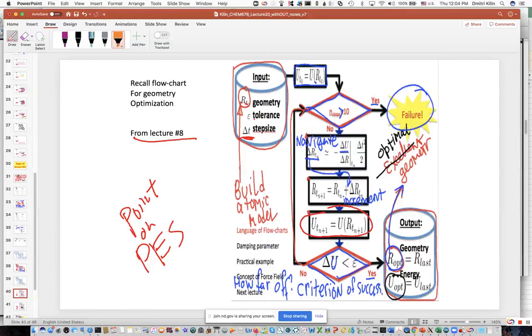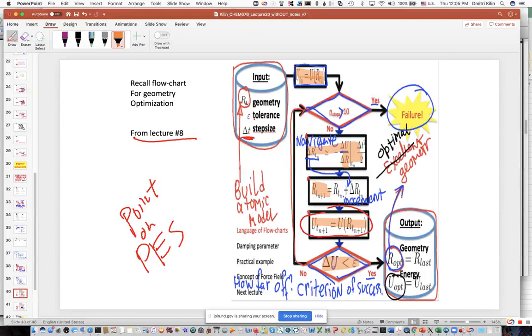Remember our first algorithm when we were going over geometry optimization or molecular dynamics. Do you remember this flow chart? When one starts from geometry, one computes the potential energy for a given geometry. Then one computes the gradient and step, makes an optimization increment, computes energy at the incremented step, and checks whether it is within the tolerance limit.